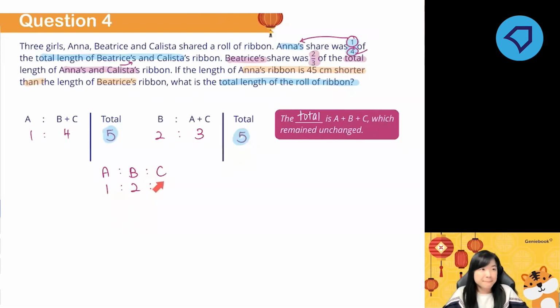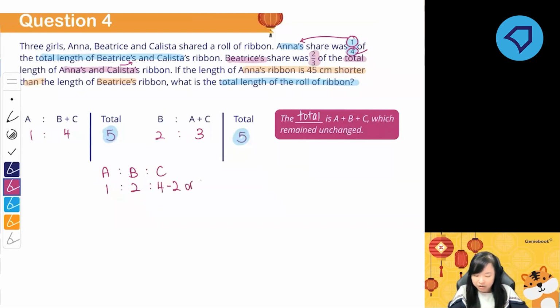Total is 5. Or you take 3, which is for A plus C, and you minus away A. So I'm going to write down for you both. C can be 4 minus away B, or 3 minus away 1. But anyway, at the end of the day, it will be 1:2:2.